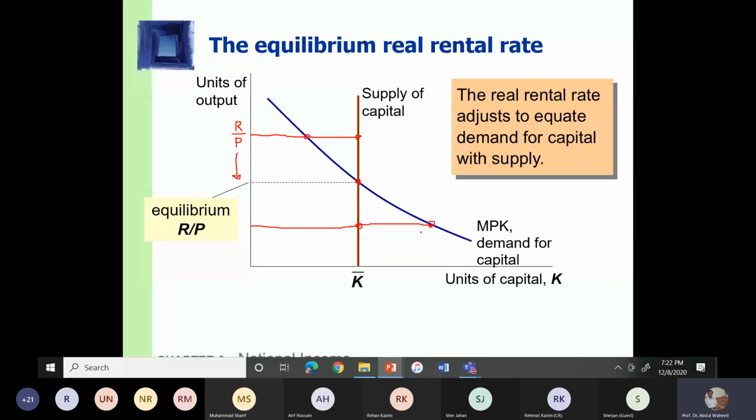So in this case there is excess demand for capital. Whenever there is excess demand for capital, this will put pressure on the rental rate to move up and again bring equilibrium in the capital market. So this means the adjustment factor is the rental rate. The rental rate will adjust to equate demand for capital with the supply of capital to bring equilibrium in the capital market.